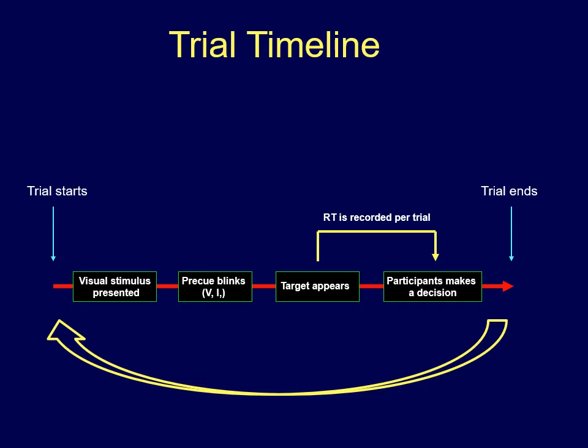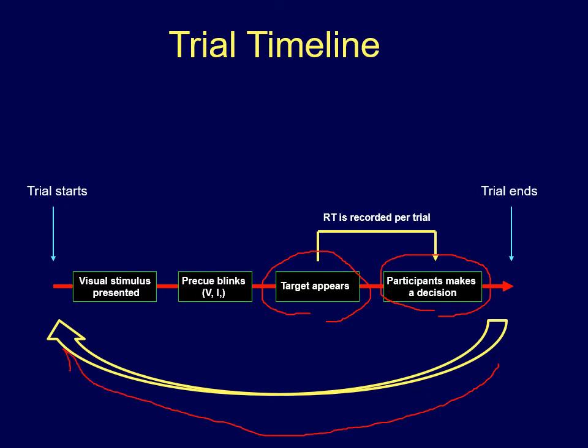From the moment that the target appears, the reaction time is recorded per trial. The reaction time is defined by the moment that your target appears to the moment that you press the key, when you make a decision. And the moment that you make a decision, that's when your trial ends. After the trial ends, it goes back to the beginning of the next trial, and that's what the arrow is standing for.